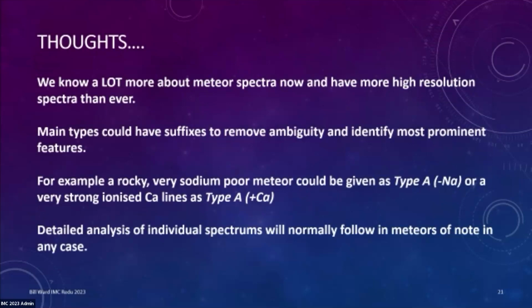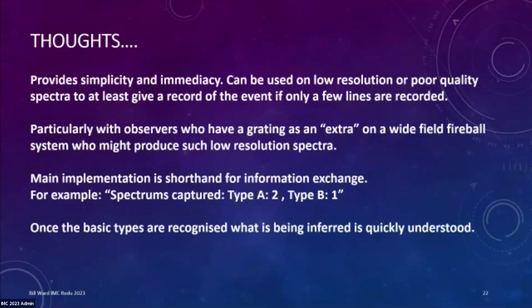It's also got a bit of flexibility: if you do have very strong lines of one or deficient lines of another, you can prefix and suffix just to give a bit more detail. But if you have a multiple capture of a very detailed spectrum, then you can do all the proper in-depth analysis, which you would do in any case. The point about this is the simplicity and immediacy, because that's how it started.